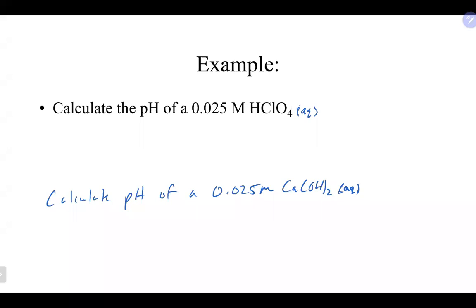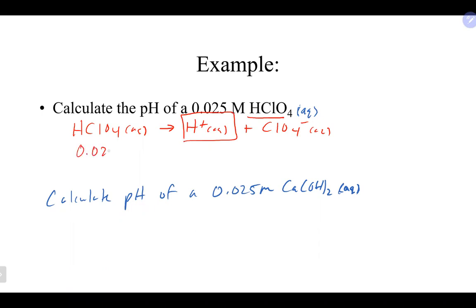Okay, let's take a look. So this is a strong acid. So we know that means it's a strong electrolyte, which means it will break apart in solution into H plus, which is what all acids do, and perchlorate. The H plus is really what we're interested in to calculate the pH. So if this is 0.025 molar, it is a 1-to-1 relationship between those two, which means the concentration of the H plus will be the same.